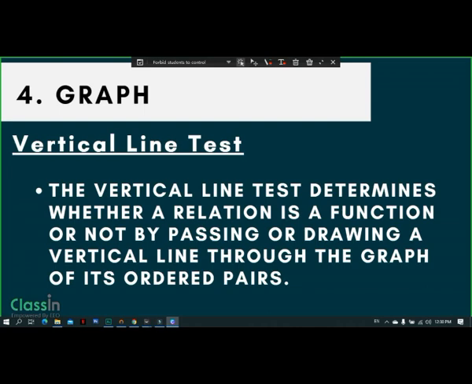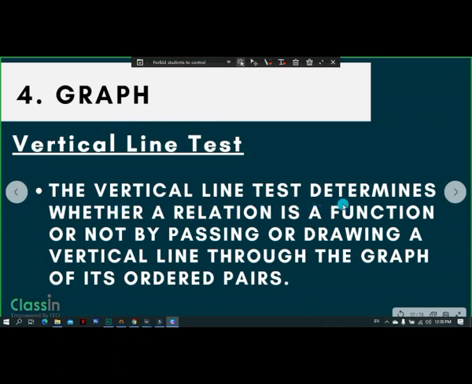Lastly, we have the graph. So, pag nag-graph po tayo, naalala pa po ba itsura ng mga nag-graph? Siguro magbalik-balik tayo, browse tayo ng mga dating notebooks, paano yung itsura ng graph. Okay? So, in this case, pag may graph po, paano natin malalaman na function? We will be using the vertical line test.